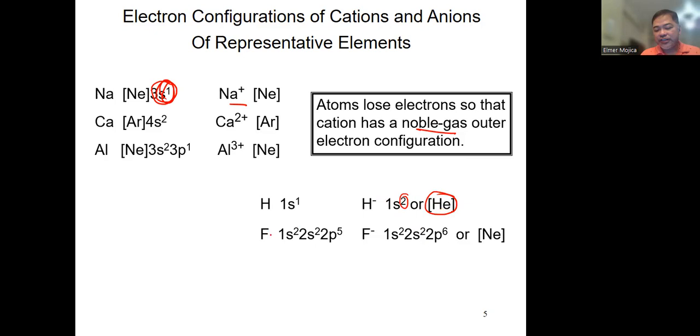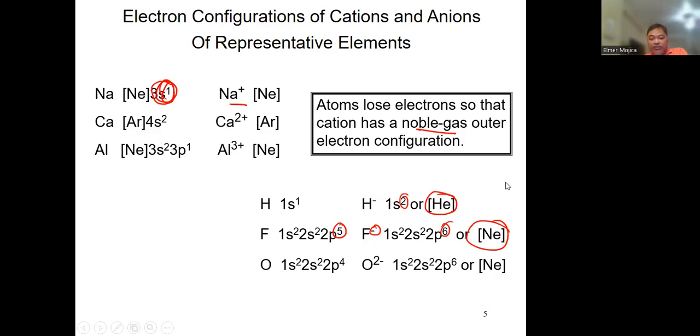Now, if it's fluorine, there are 5 electrons in the p orbital, so when it becomes negatively charged, that means 1 electron is added. It has an electron configuration similar to a noble gas. The same thing with oxygen. When it becomes oxide, it has an electron configuration similar to neon.